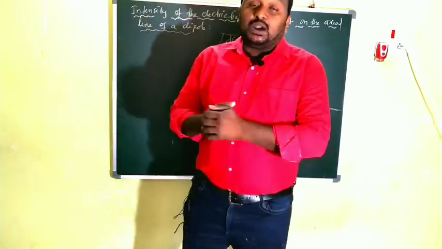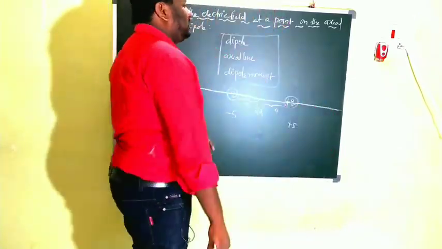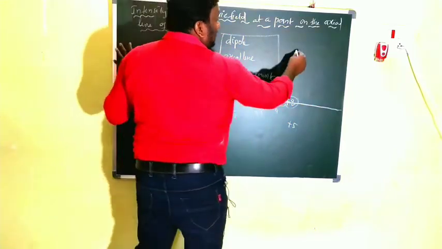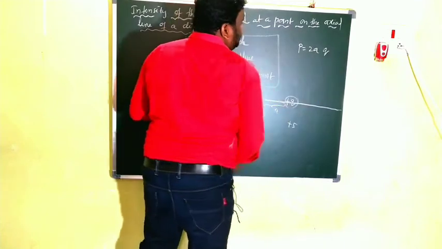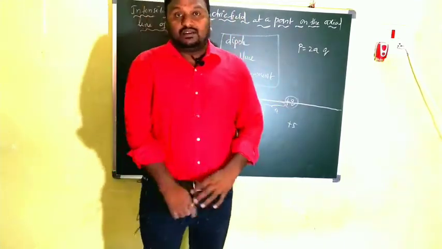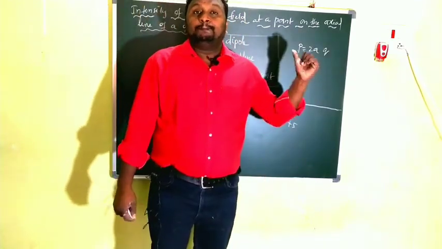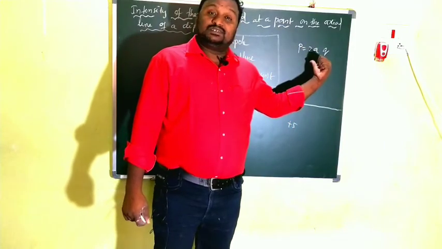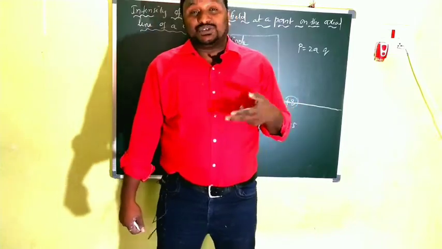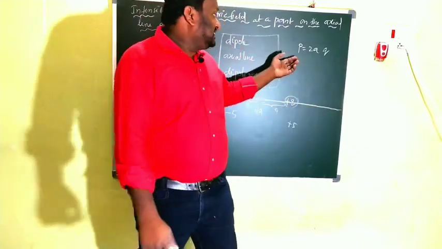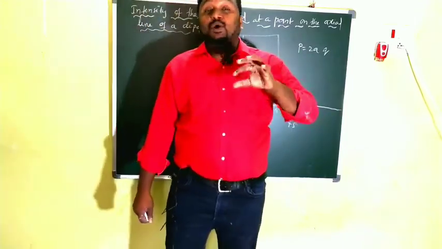And now the third one, dipole moment. Here P is equal to 2a into Q. What is P? Generally we know that momentum P is equal to mv, but in this case P means dipole moment.